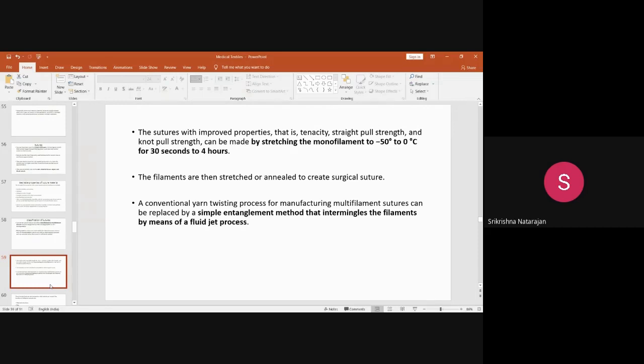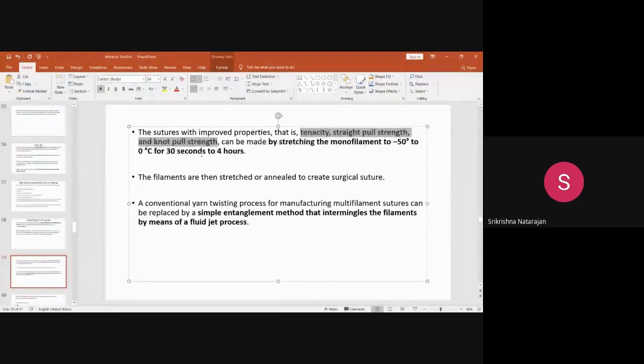Similarly for suture, it is basically a stitching thread. The main thing is the suture needs some good properties: the tenacity, straight pull strength, and knot pull strength. These are the important properties expected from the suture.